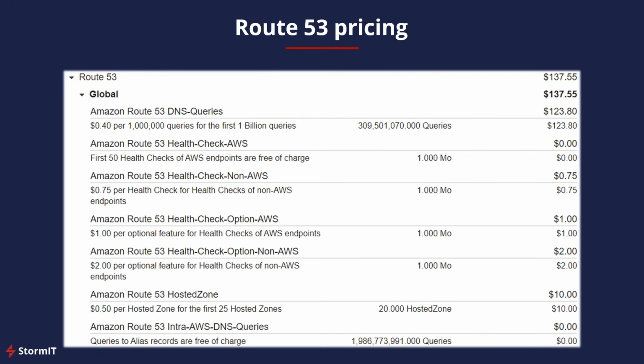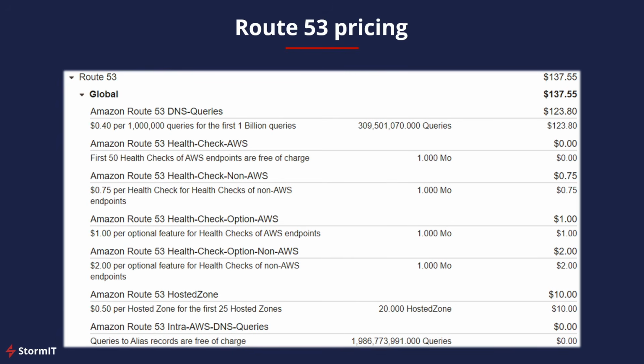And for DNS queries, basically you pay for every DNS query answered by Amazon Route 53, but only for the ones that go to other services or services from other providers than AWS.